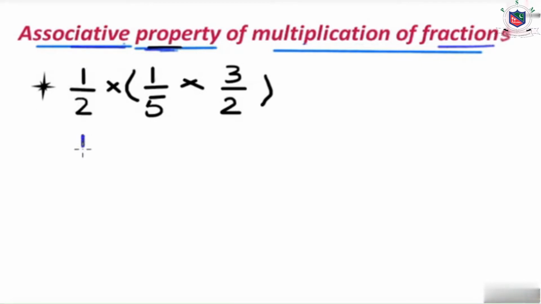And 1 upon 2 we have written in the same way. So, let's see how we can solve. As you know that here we cannot cross cancel. So, the numerator will be multiplied by the numerator. 1 times 3 is 3 and denominator will be multiplied by the denominator. So, 5 times 2 is 10.